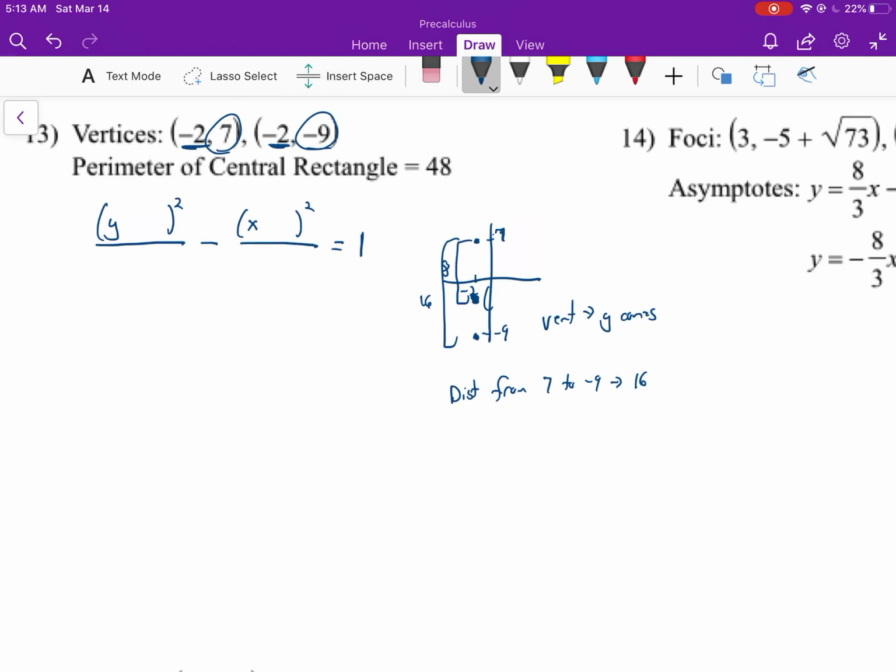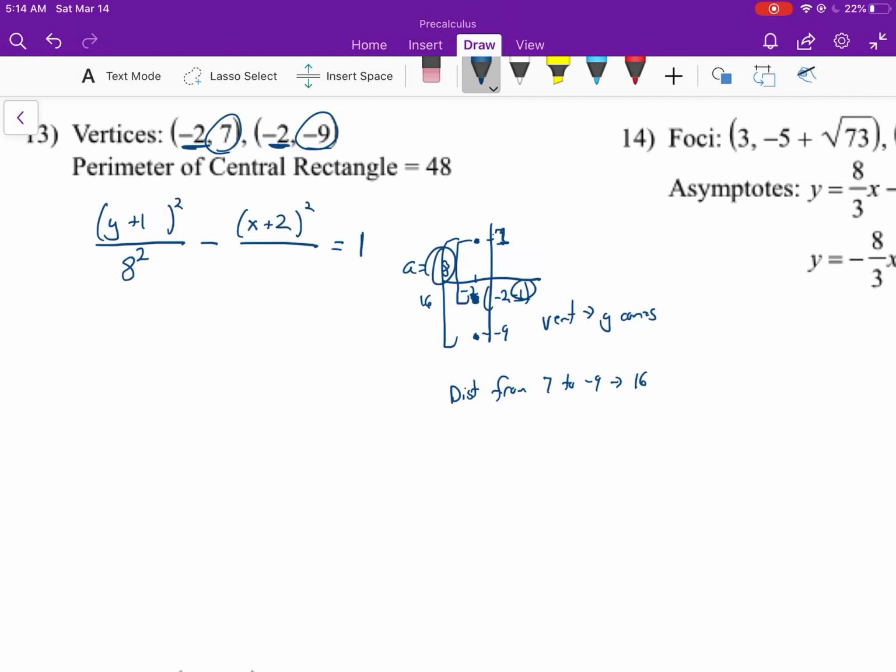If we go 8 units down from 7, we're going to be at negative 1. So our center is at negative 2, negative 1. Again, Y came first, so we do Y plus 1, because that has to do with the 1, and then X plus 2. While we were doing this, we found this other important value, 8, which is A, because that is the distance from the center to the vertex. So A squared goes here. We filled out 3 of the 4 things. We still need to find B.